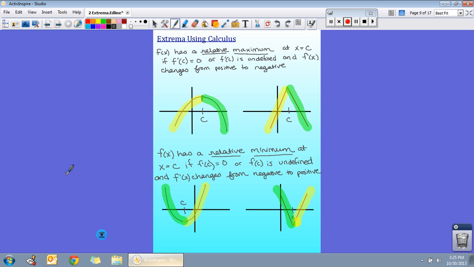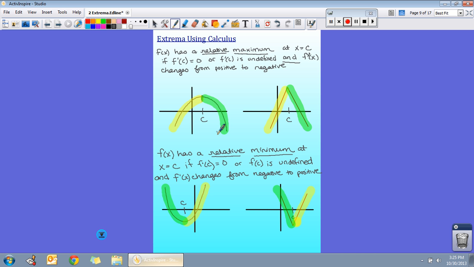Now we're going to add some calculus to those definitions. We can say that f of x has a relative maximum at x equals c if the derivative at c is 0 or is undefined, and the derivative f prime of x changes from positive to negative at that value.